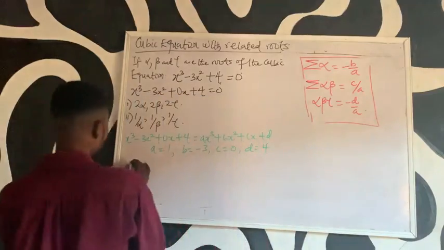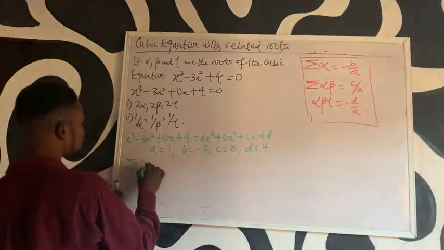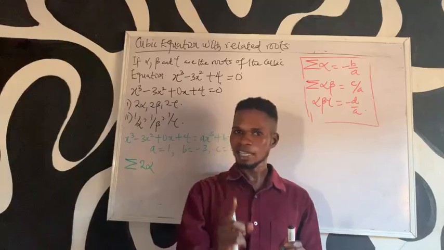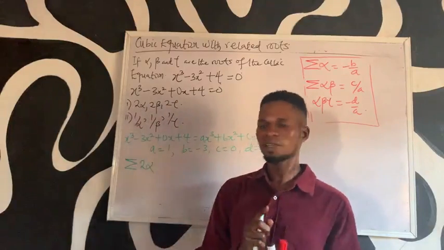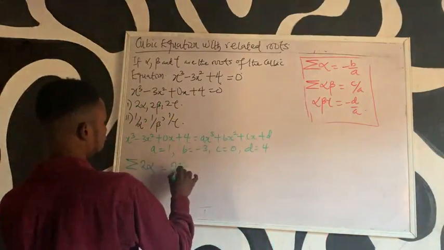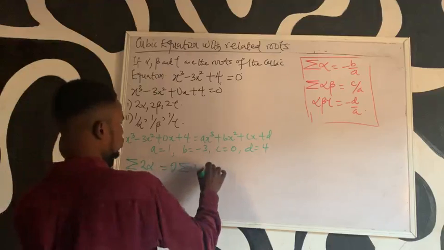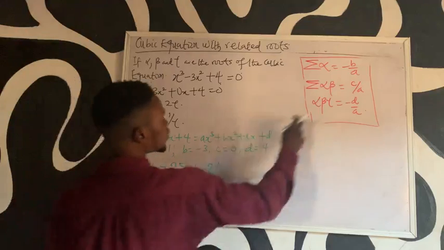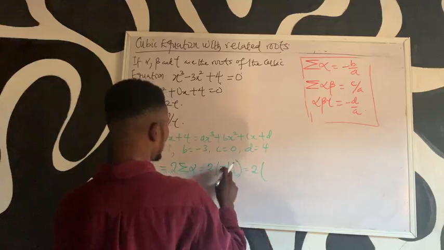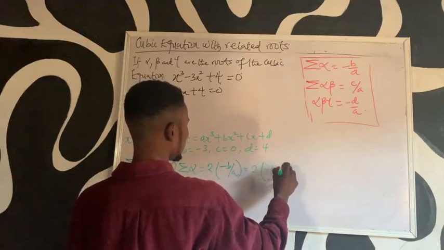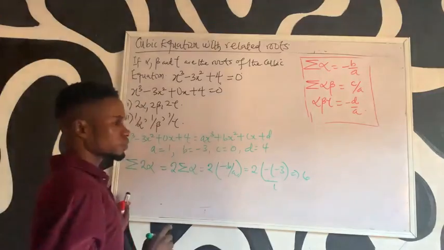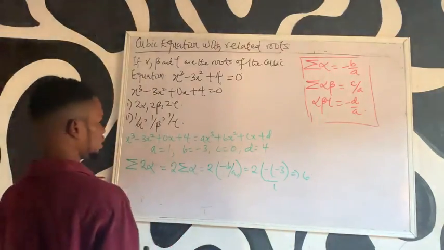So instead of summation of alpha, we have summation of 2 alpha. We are given 2 alpha, not alpha. So summation of 2 alpha is the same thing as 2 multiplied by summation of alpha, which is 2 multiplied by minus b over a, that's minus minus 3 over 1. So the answer is 6.